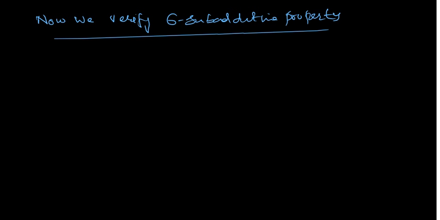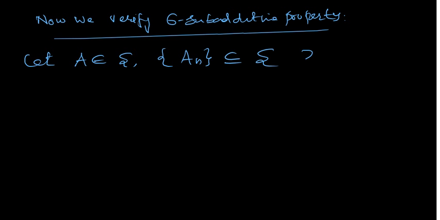Okay, for this let's take A in S, and A_n is a sequence in S such that A is a subset of the union of A_n, n runs from 1 to infinity.